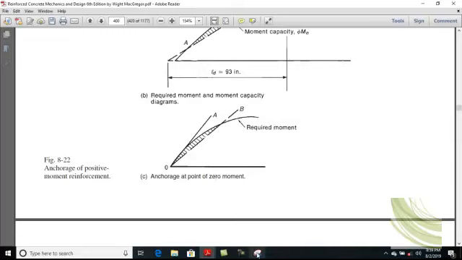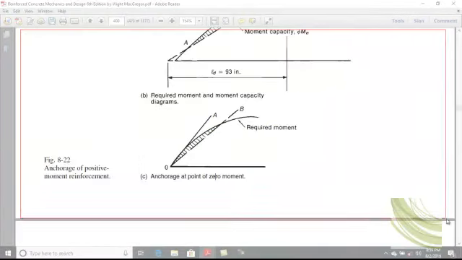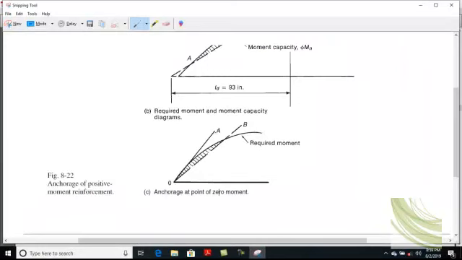Because here they assume that this distance equals ld. Now basically it may equal ld, or it may be greater than ld, or it may be possible that this distance will be less than ld. So to remove that ambiguity, we add some extra length with this ld, that is La.